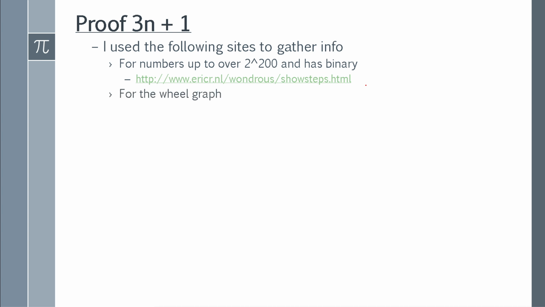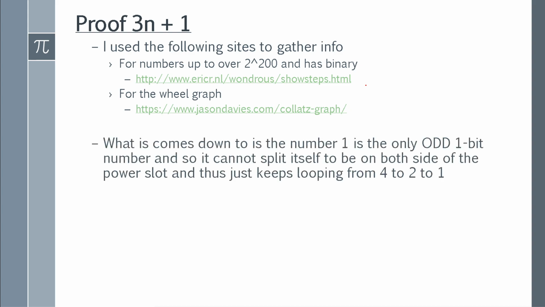And then for the wheel, I use this website. So what it comes down to is 1 is the only odd 1-bit number that cannot split itself into both sides, the power slot, and thus just keeps looping 4 to 1.